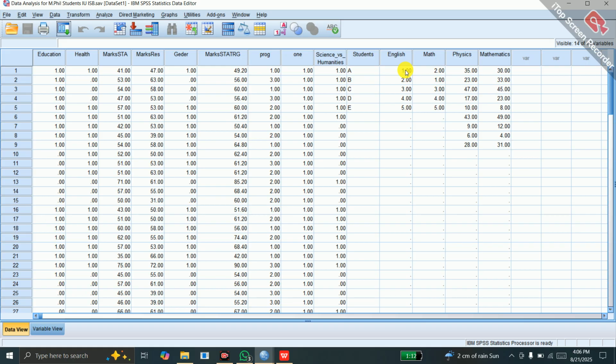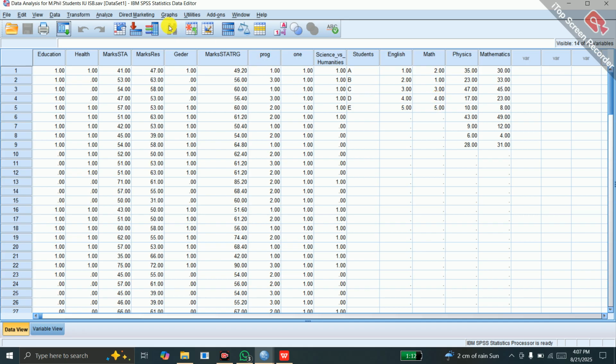So A got rank 1, B got rank 2, C got rank 3, D got 4, and the rank of E was 5. But so far as marks in maths are concerned, B got first rank, A got second rank, C got third rank, D got fourth rank, and E got fifth rank.